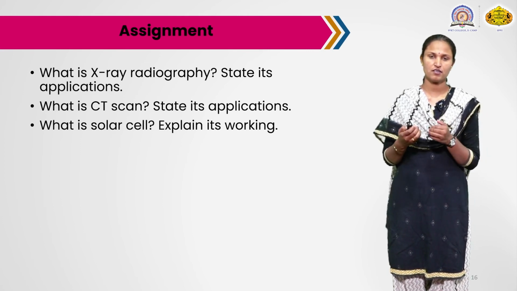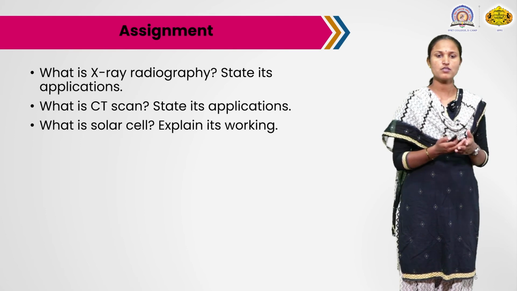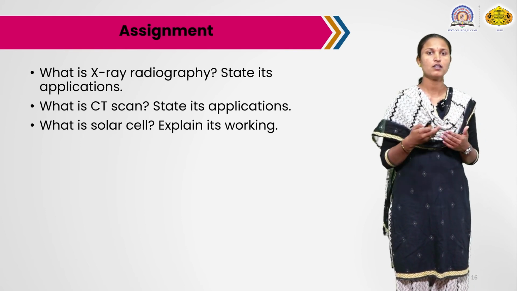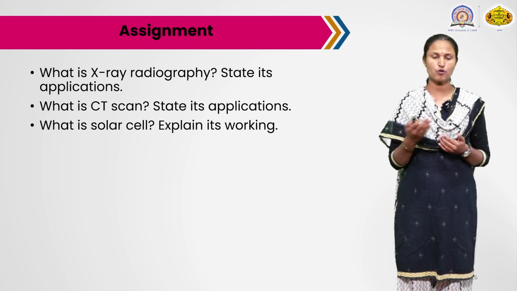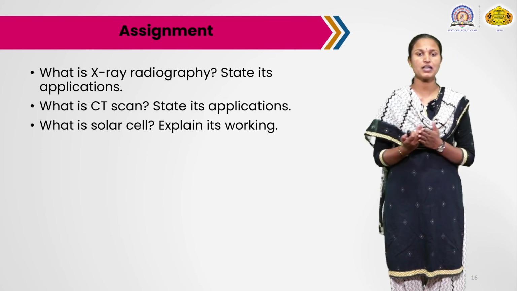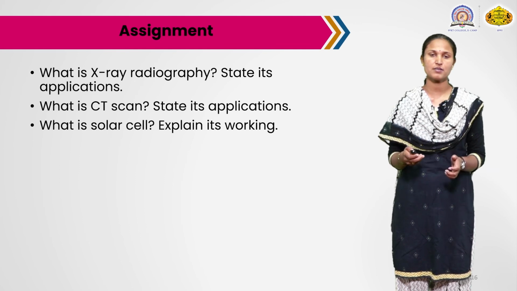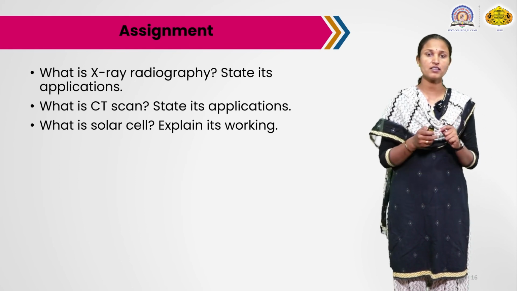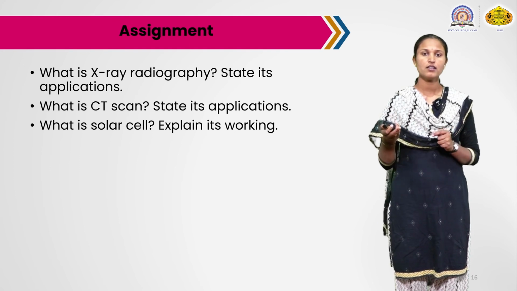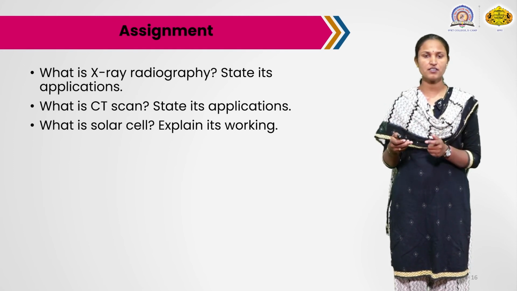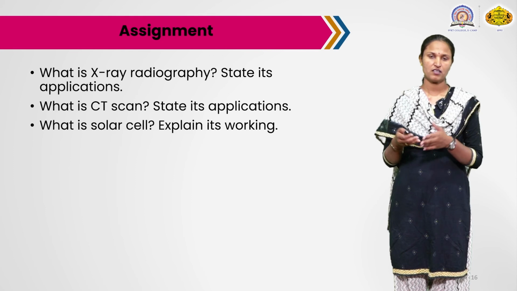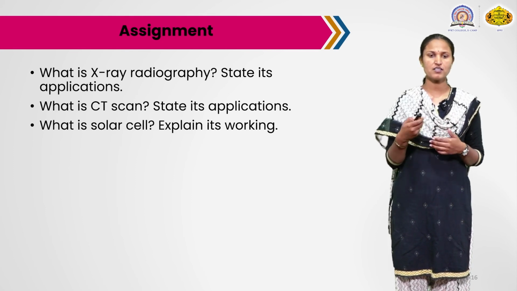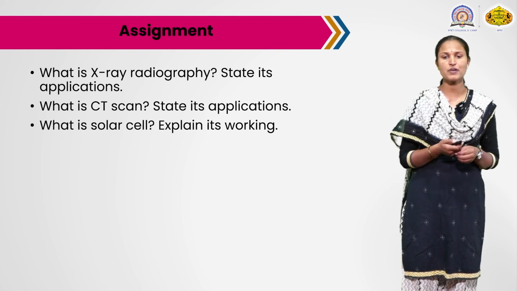Then we humans use solar energy through the solar cell. A solar cell converts it to electric energy using N-type semiconductor material and P-type semiconductor material in a panel system. This panel absorbs solar energy and converts it to electric energy, and this energy we store in batteries and then use after some time. Next, explain its working.